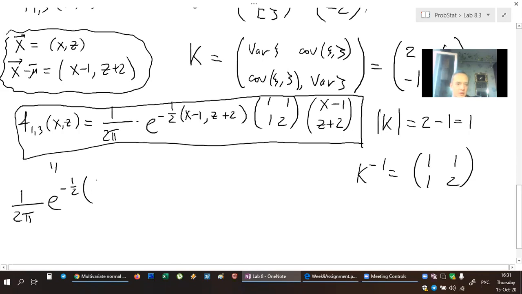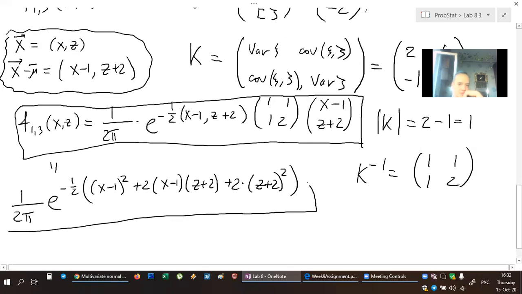So it will be x minus 1 in the power of 2, then 2 times x minus 1 by z plus 2, plus 2 multiplied by z plus 2 in the power of 2. So this expression I like more. So this will be the answer.